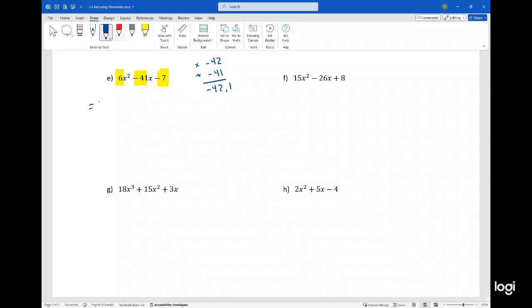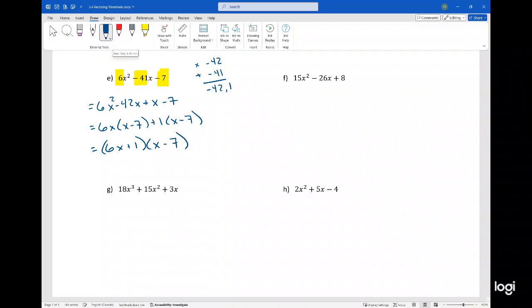All right, so we get 6x squared minus 42x plus x minus 7 equals 6x, x minus 7 plus 1, x minus 7 is 6x plus 1 times x minus 7. These, by the way, are the hardest type of factoring, so if you can get these done, you can do pretty much anything.